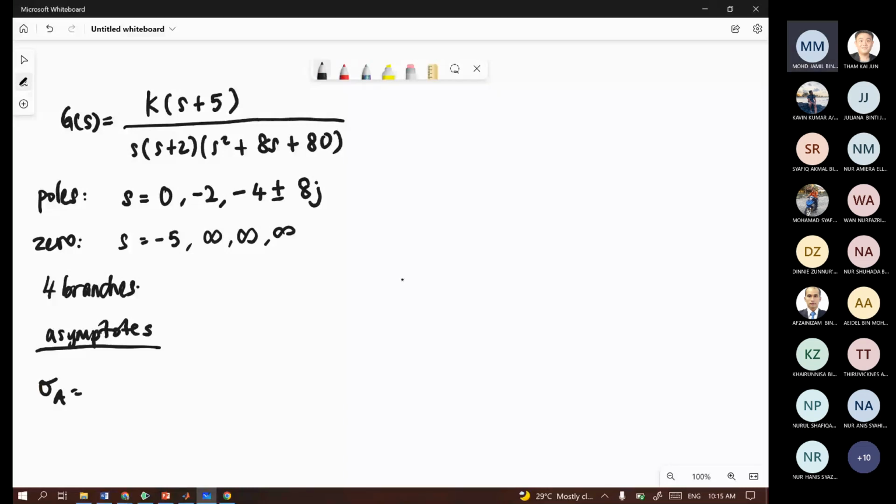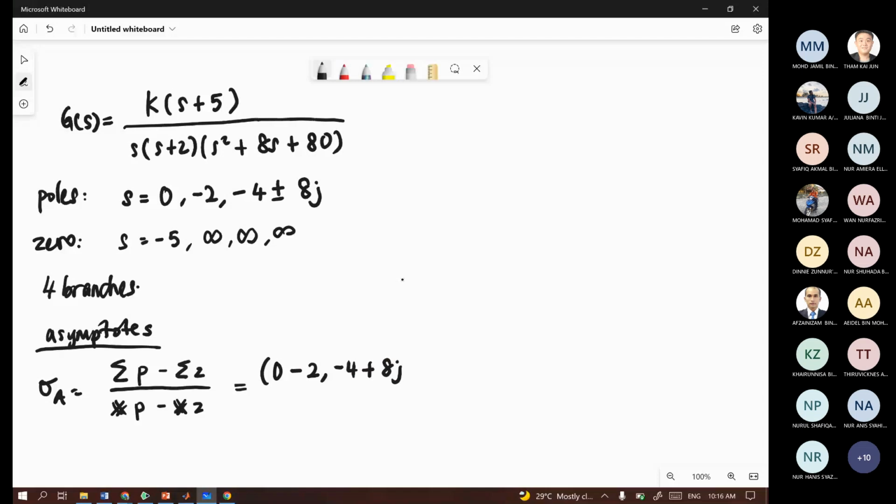So the formula is sum of poles minus sum of zeros divided by number of poles minus number of zeros. So we get 0 minus 2 minus 4 plus 8j minus 4 minus 8j.